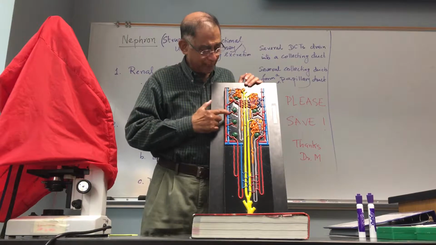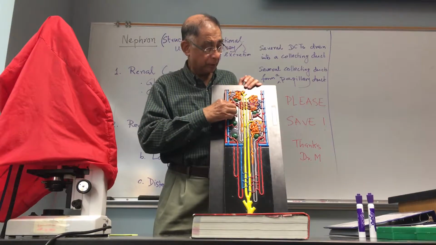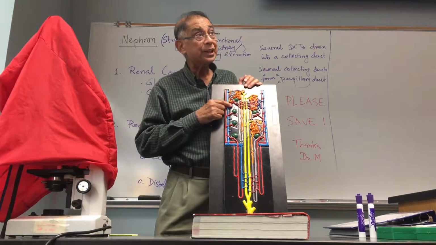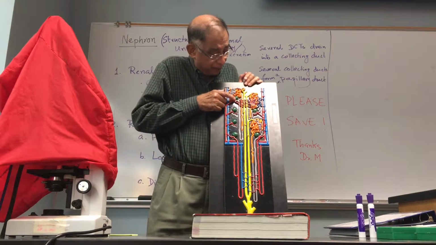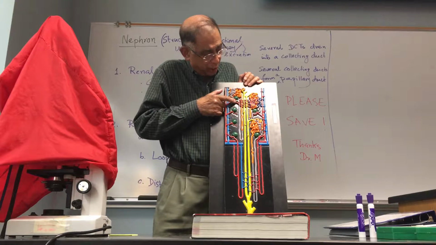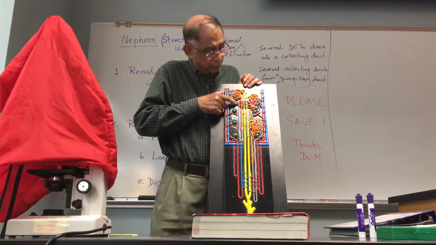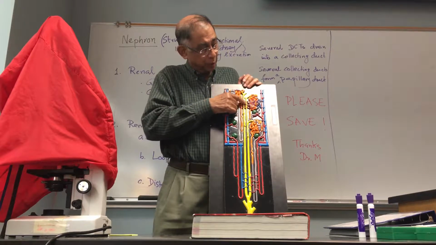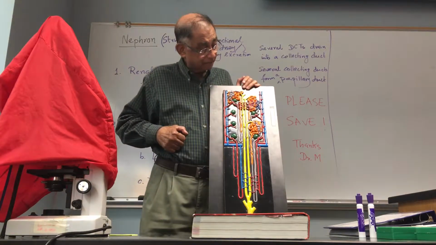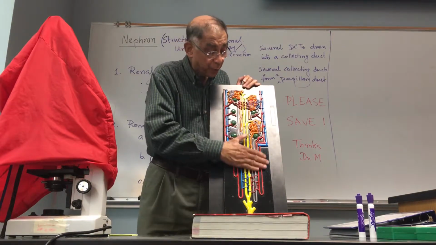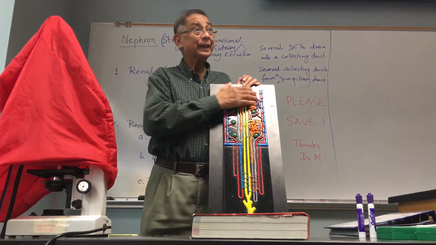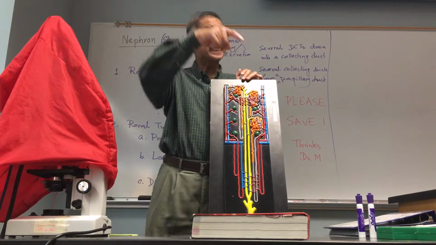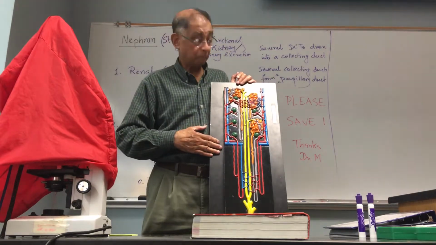The afferent arteriole enters into the Bowman's capsule, breaks up into a capillary network called the glomerulus, and these capillaries again form an arteriole called the efferent arteriole, which forms a capillary network called peritubular capillaries. So you need to know everything. That, of course, will match with your list in the study guide.